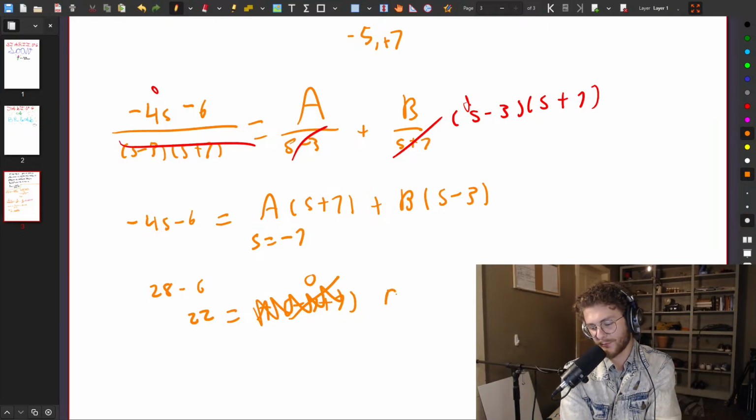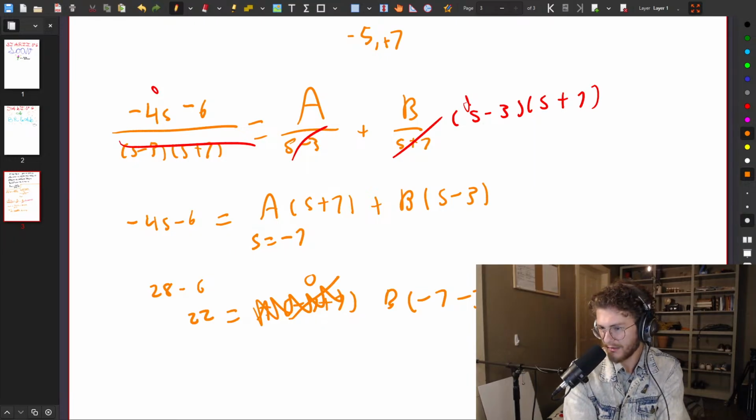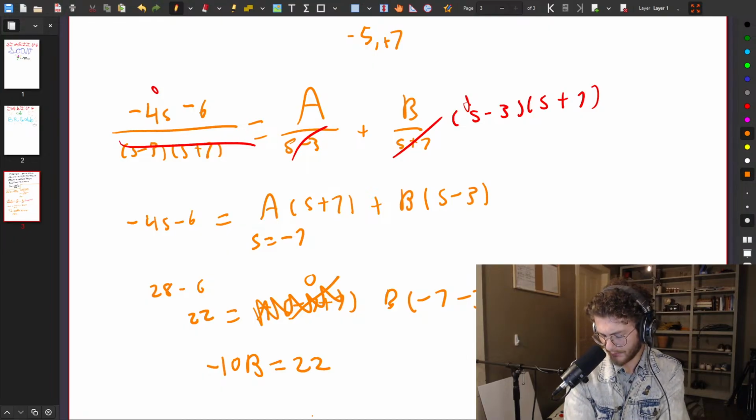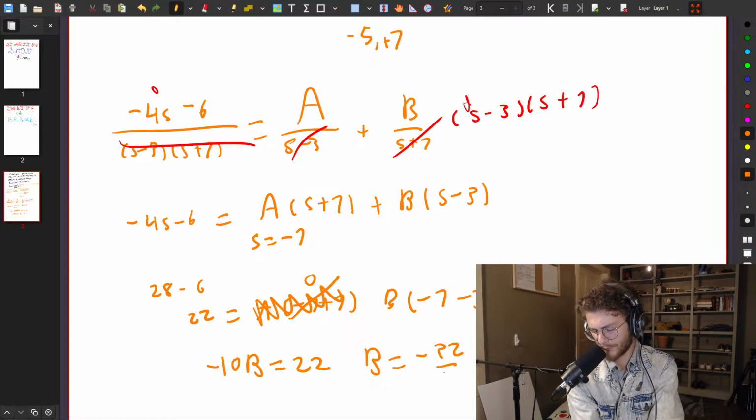But we're left with b, negative 7 minus 3, which is negative 10b, equals 22. And we have something pretty close to an answer for b, which is going to be negative 22 over 10, which simplifies to negative 11 fifths.